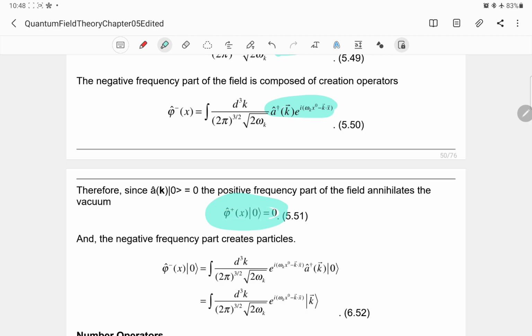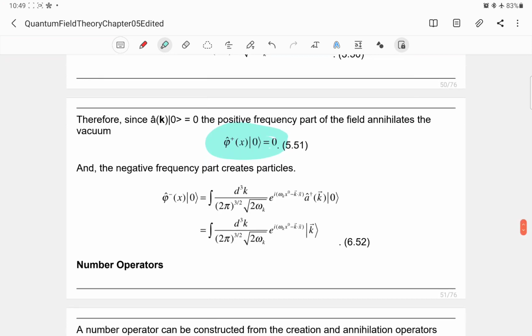So you have a state where there are zero particles. You annihilate that and it just goes to nothing. And the negative frequency part creates particles. So in this case, you will have this. You just create a particle out of this one.